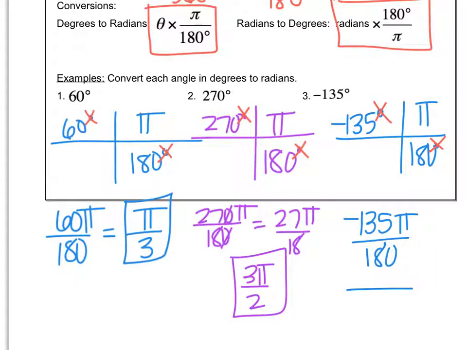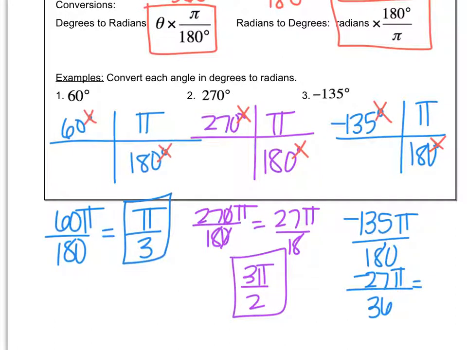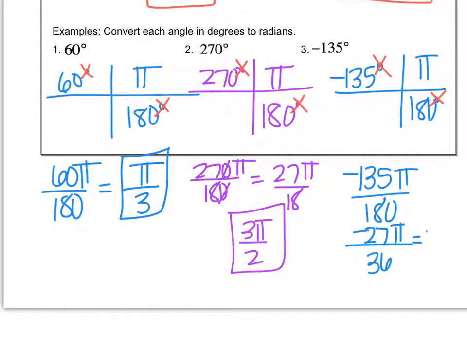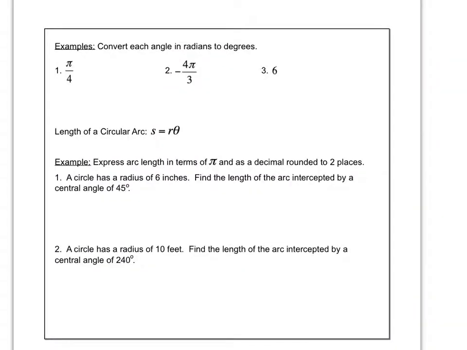So that's going to be 36 here, and if I divide that one by 5, it's 27. And then I can divide them by 9, so I get negative 3 pi over 4. And you guys, of course, could use your calculators to reduce it. Alright, the next ones we're just going to go the other way.